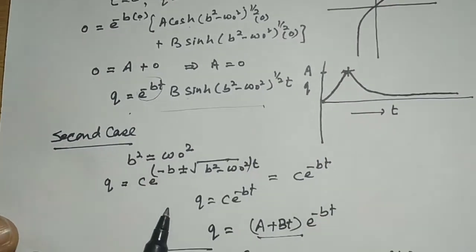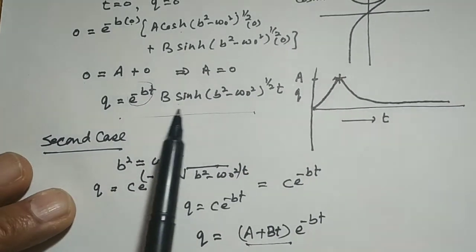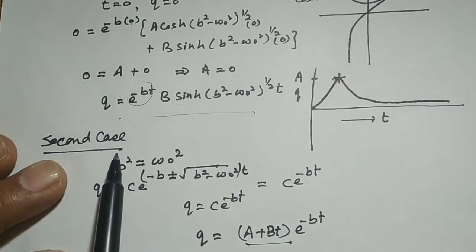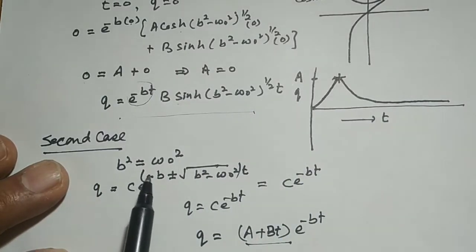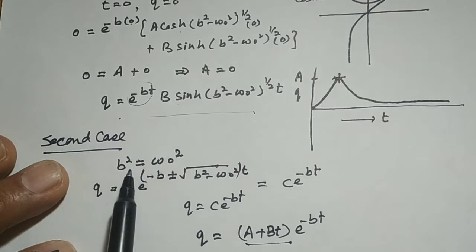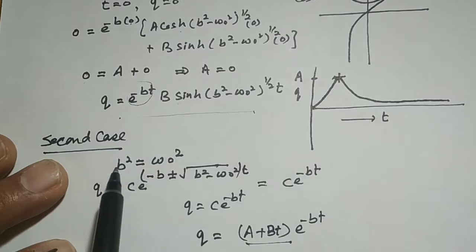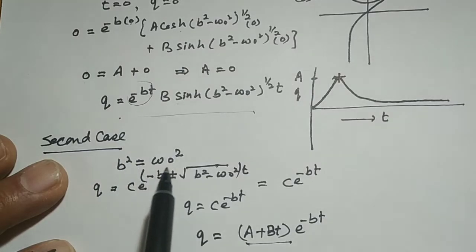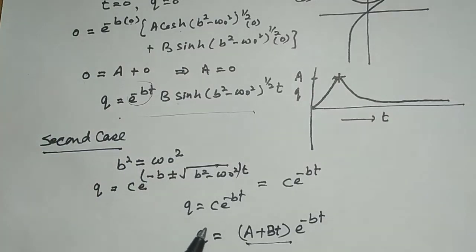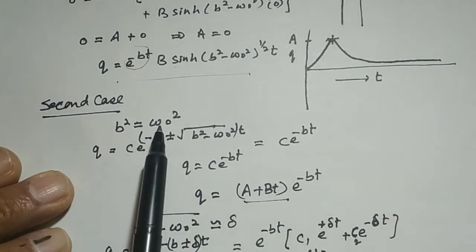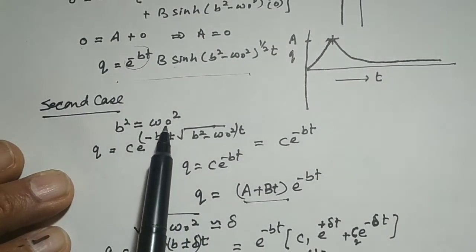Now the second case. This is the first type of damping; that is finished. Now the second kind of damping is critical damping, when b square is equal to omega naught square. That means when the damping effect is almost equal to the square of the natural frequency of the undamped oscillator.